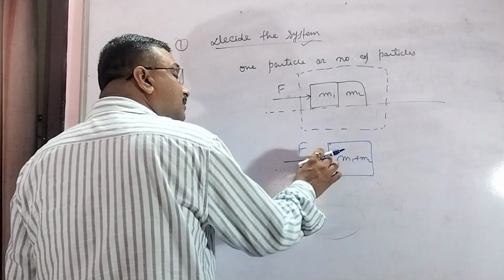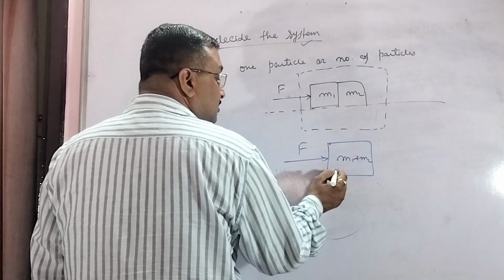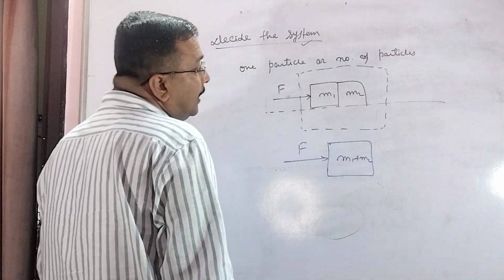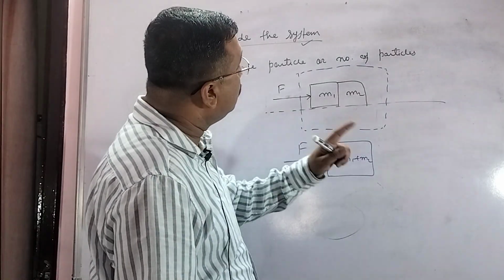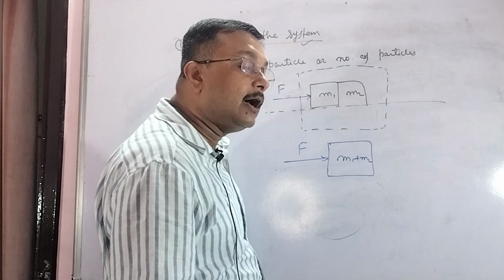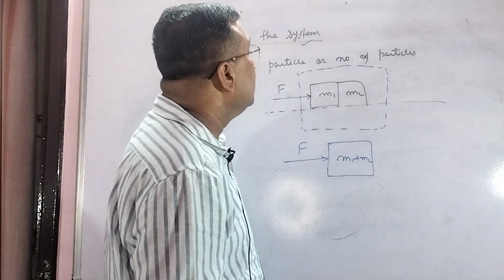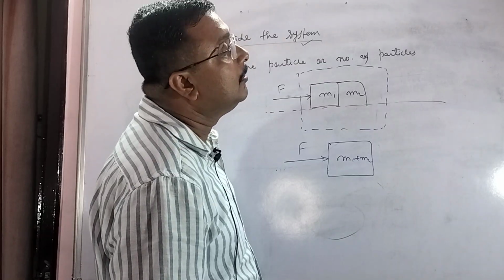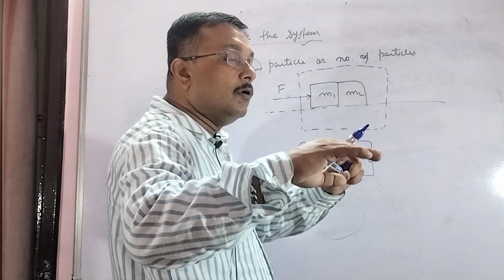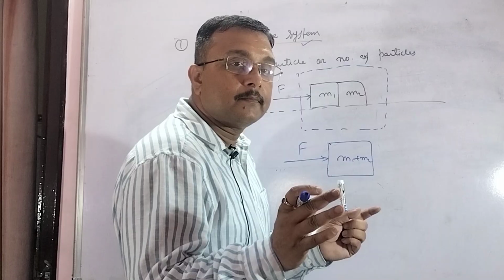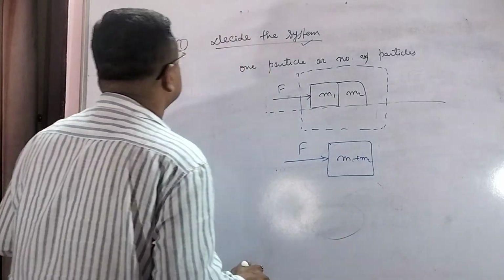But when can we apply our concept in this manner? The only condition is that if there is more than one particle in what we take as the system, the acceleration of the whole system should be the same.